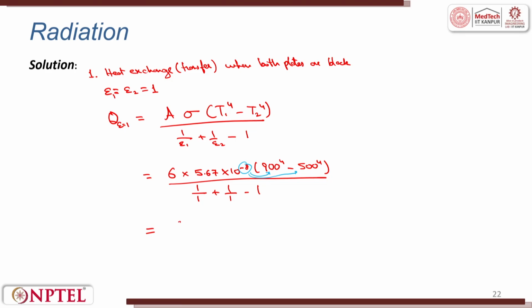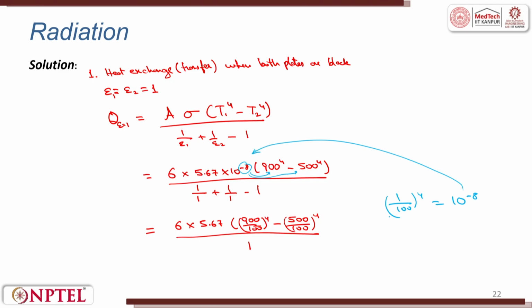So this will turn out to be 6 into 5.67 into 900 by 100 power 4 minus 500 by 100 power 4, over 1.